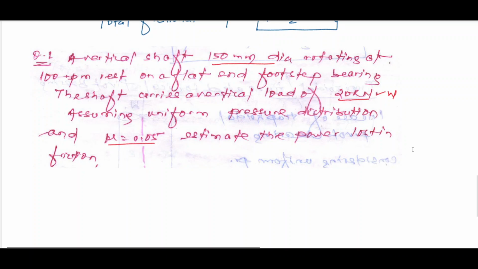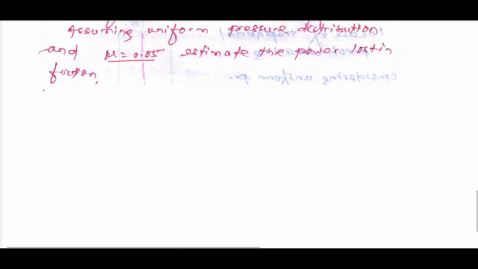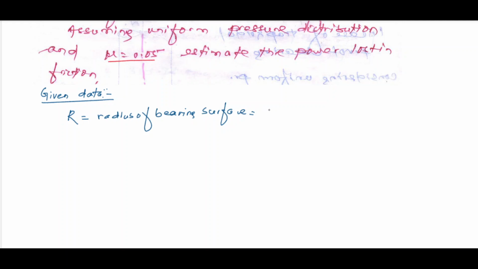Let's first write the given data. First, R, the radius of the bearing surface: the shaft diameter is given as 150 divided by 2, so 75 mm, so it will be 0.075 meter.